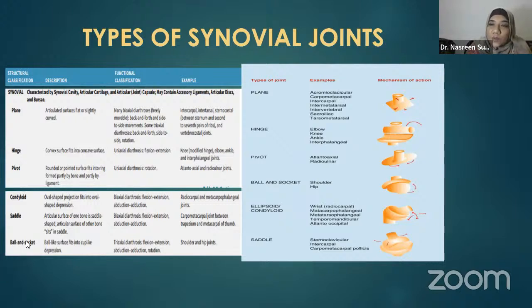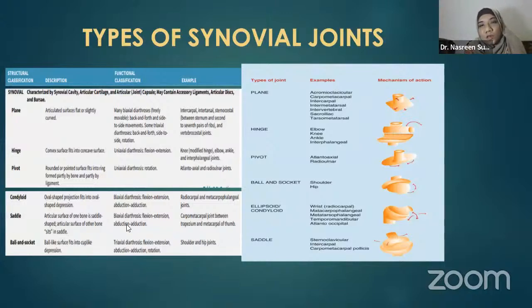And the last one is the ball and socket joint, where a ball-like surface fits into a cup-like depression. Ball in the cup. A strong depression will be there, and these joints will be very strong and allow vast movement. Examples are shoulder and hip joints.